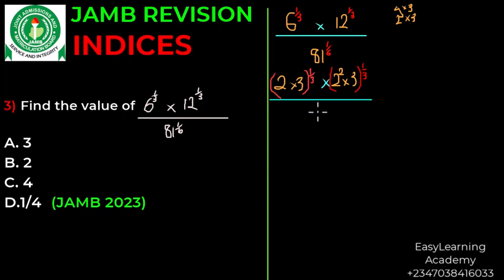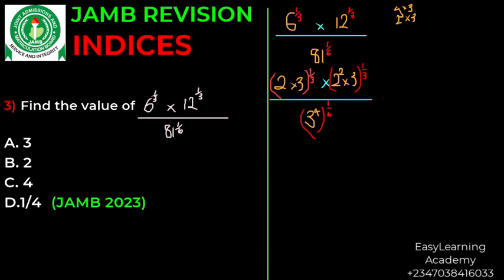So that will be 3 raised to the power of 4. 3 raised to the power of 4 will give us 81, but the power of 81 will remain, and that power happens to be 1 all over 6. So we maintain our 1 all over 6 here.